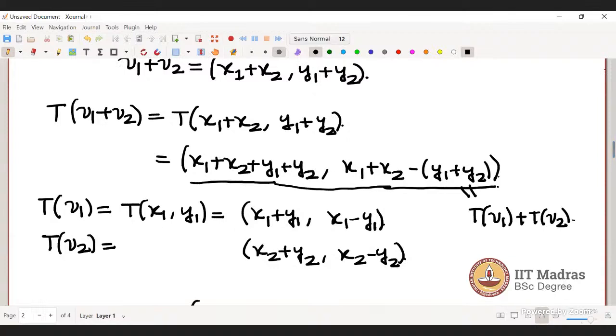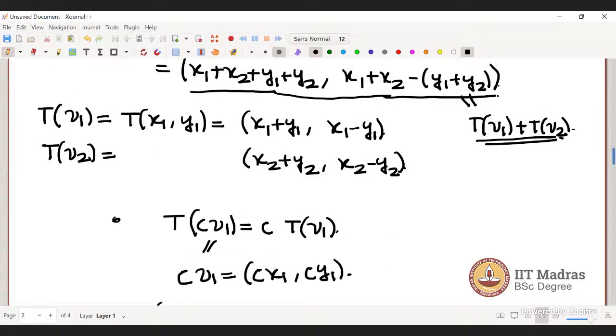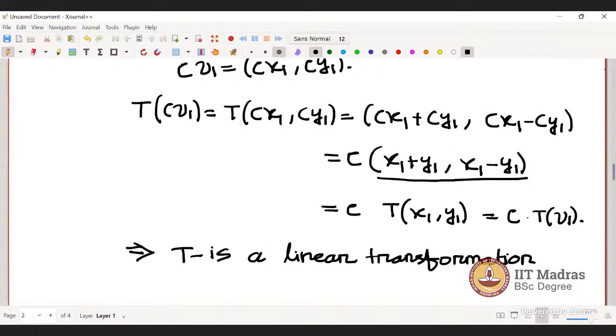Here we proved that T is additive, and here we proved that T in some sense preserves scalar multiplication. So T satisfies both the conditions, and that's why we can say that T is a linear map.